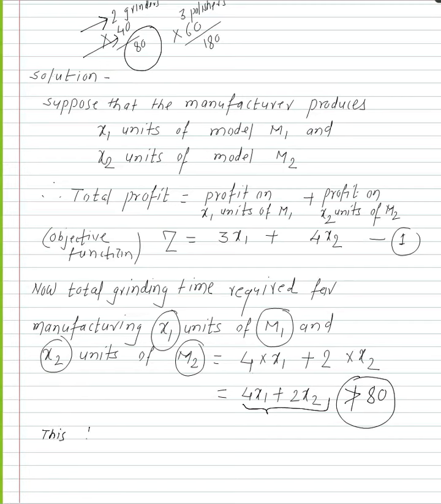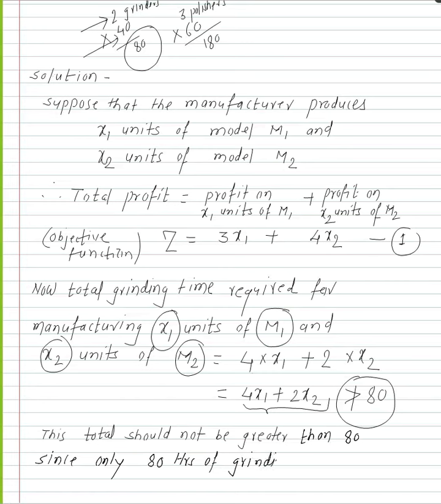This total, that is total grinding time, should not be greater than 80, since only 80 hours of grinding time is available in a week.